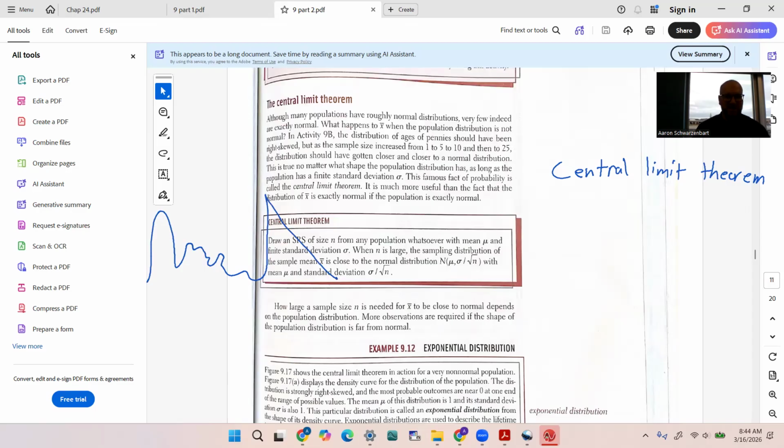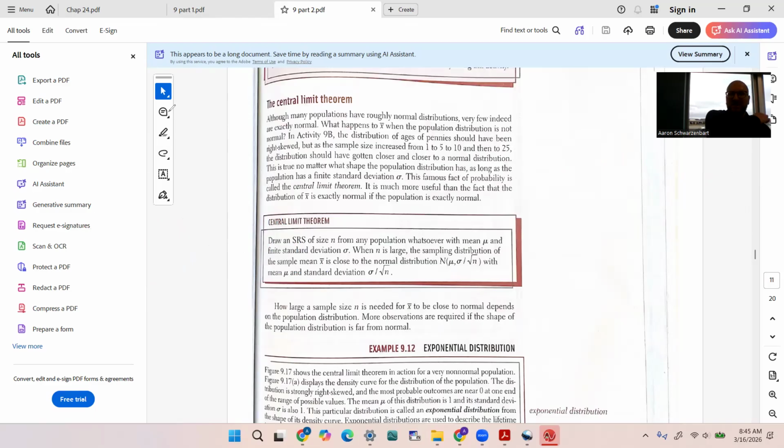Yes, there is a very small chance I could pick everything from over here, but it's a very, very small chance. That makes sense? I basically made a random scribble for a distribution, trying to make it as weird as possible. The central limit theorem, and this has been proven, says that if there's a sufficiently large sample size from that population, the means will be distributed normally.